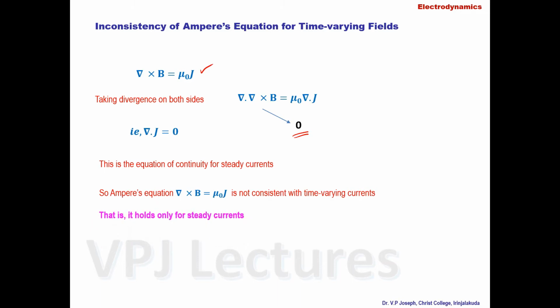And del dot J equals 0 is the equation of continuity for steady state. So he concluded that Ampere's equation del cross B is equal to mu 0 J is not consistent with time varying conditions or time varying currents. It gives only the equation of continuity for steady currents, so it holds only for steady state conditions.